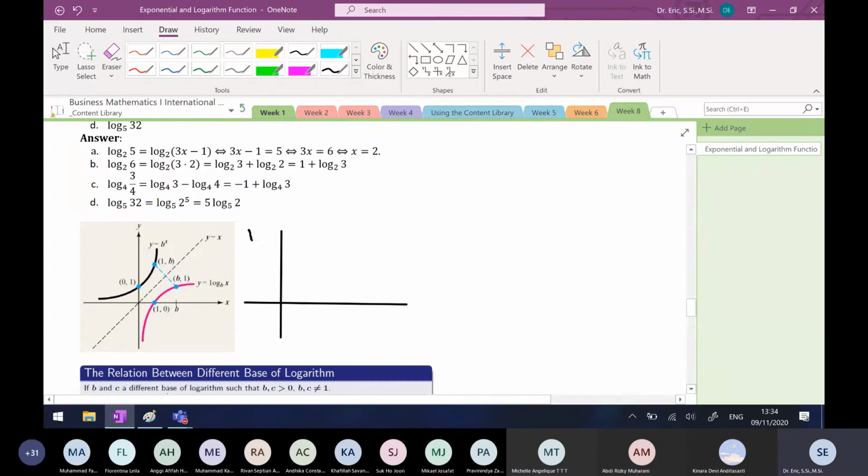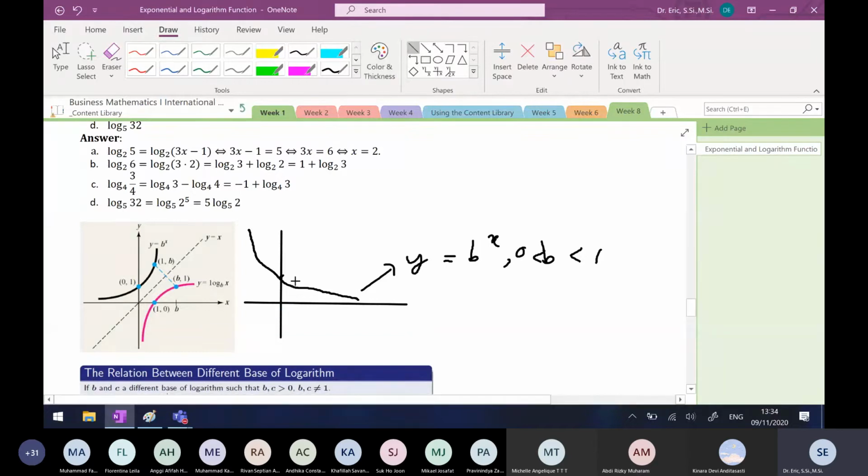This is y equals b to the x, but b is from 0 to 1. What is the logarithm of this?